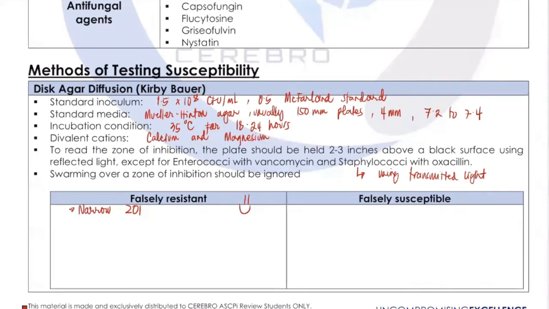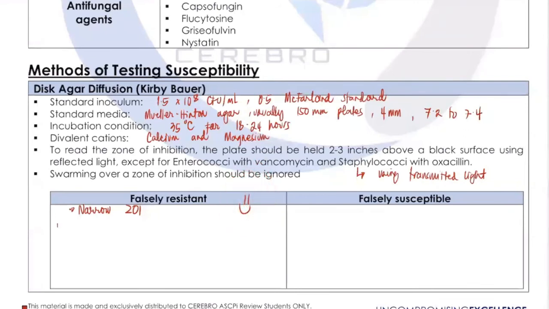Because these are the situations or instances wherein the organism is at an advantage. So they are appearing to be falsely resistant. Kumbaga, nananalo sila. Kaya nilalagyan ko yan parati ng smiley face for the falsely resistant.